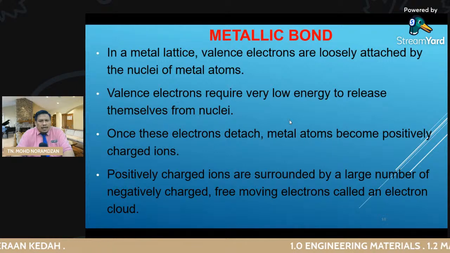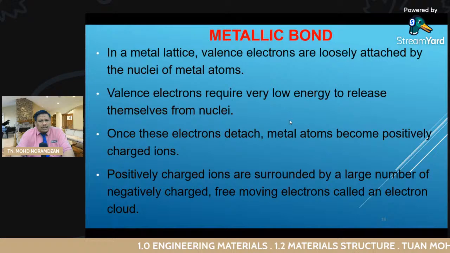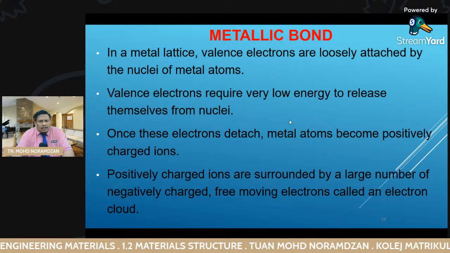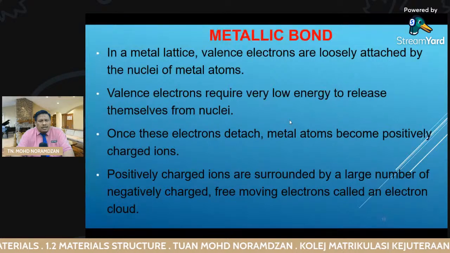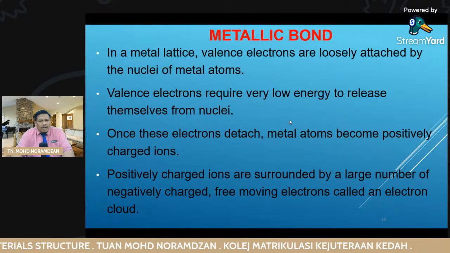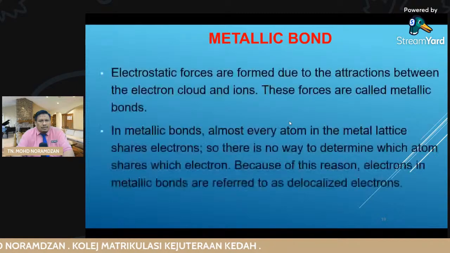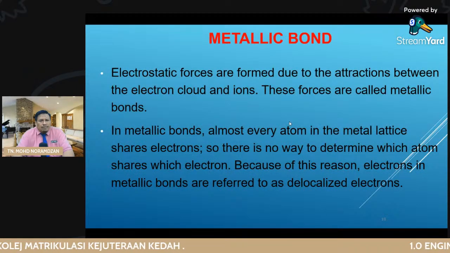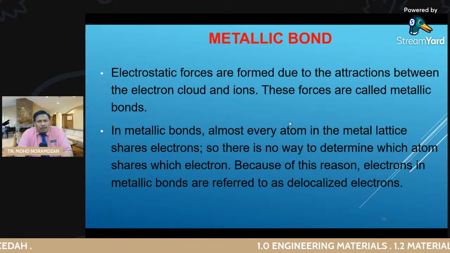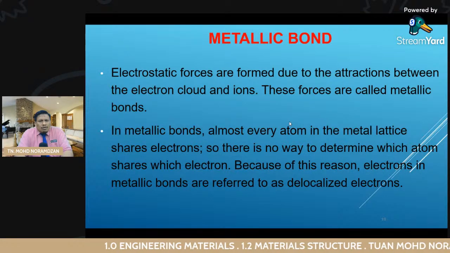Once these electrons detach, the metal atoms become positively charged ions. Positively charged ions are surrounded by a large number of negatively charged free moving electrons called an electron cloud. Electrostatic forces are formed due to the attraction between the electron cloud and ions.